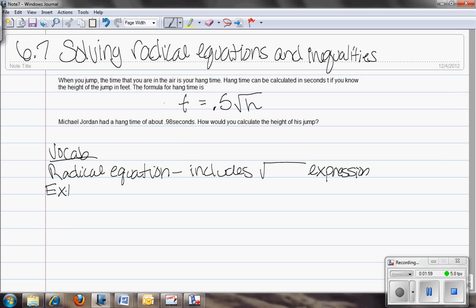Extraneous solutions. This is a solution that does not satisfy the original equation.